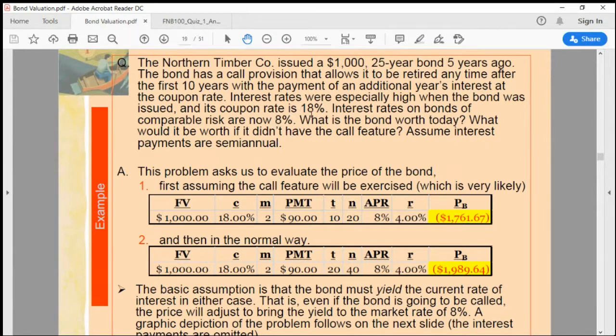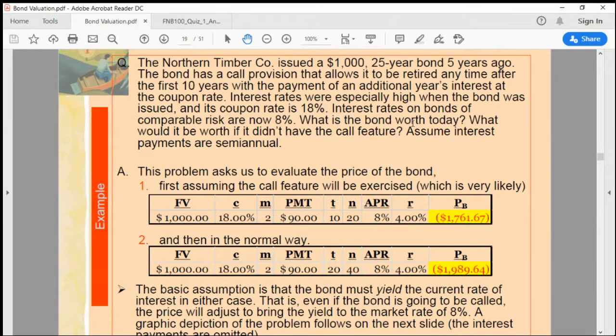Discount rate is 8%, coupon rate is 18. That's a very, very high coupon rate, right? It's more than twice the discount rate. Think about it, if on average you can earn 8% these days in the market, but this bond is paying 18%, who wouldn't want that bond? I will put my money into such a bond, right?